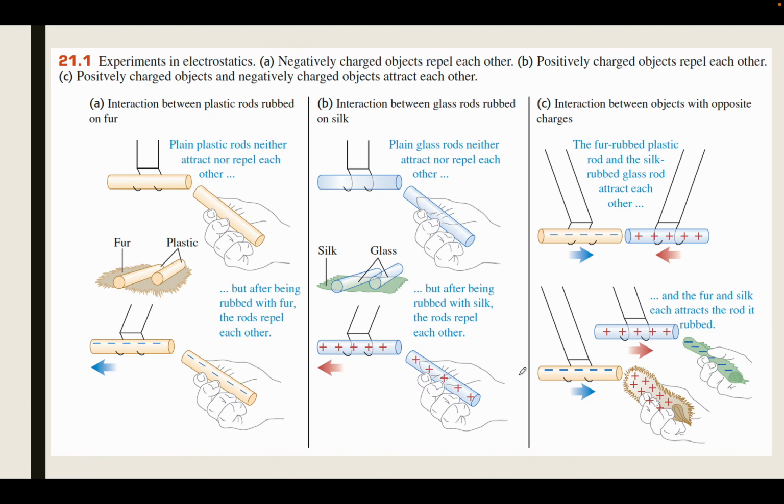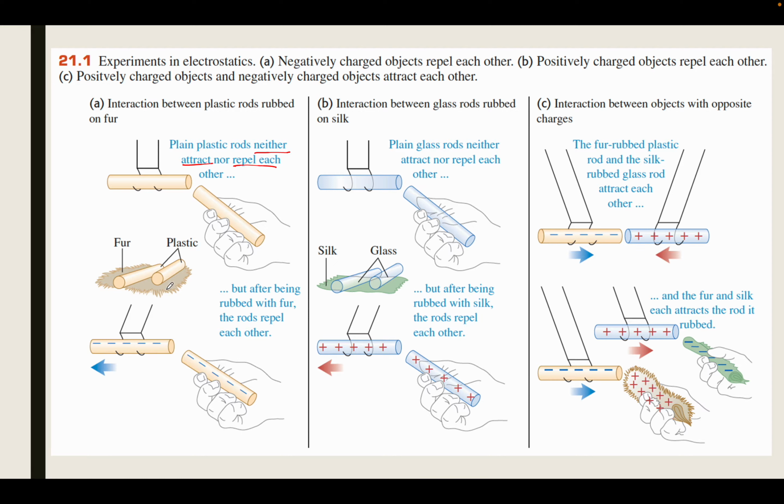Here we have some figures, figure 21.1 A, B, and C. These are experiments in electrostatics. For letter A, it is an interaction between plastic rods rubbed on fur. Plain plastic rods neither attract nor repel each other, so they don't have any charge.